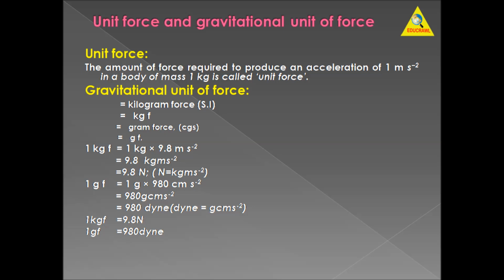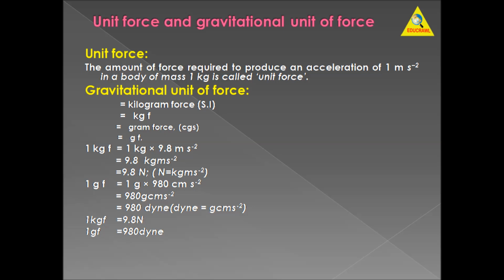Now we are just substituting the value of g as 9.8 meter per second square in the equation for 1 kgf. So the equation becomes 1 kgf is equal to 1 kg into 9.8 meter per second square.